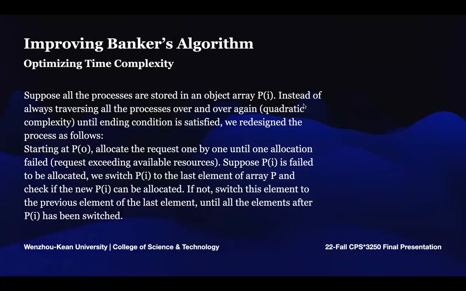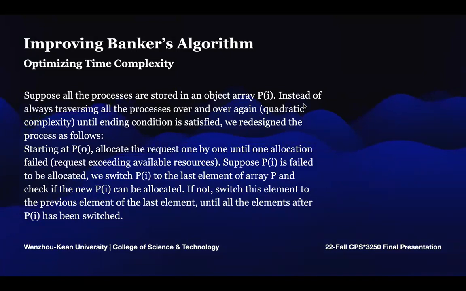Now, we start from the first process and run the method until we find that a process fails to allocate. Now we move that process to the end of the array, and this step replaces the recheck process in the original Banker algorithm. We don't need to iterate all the array again.